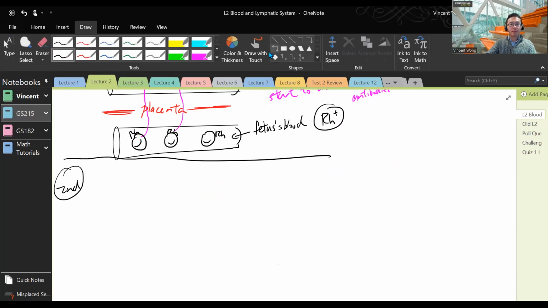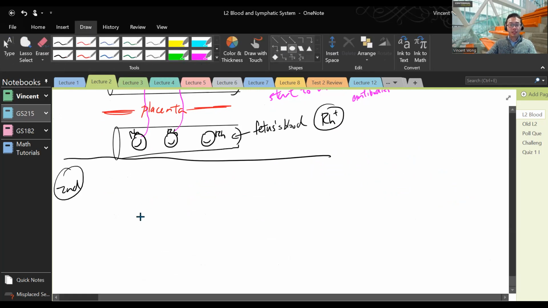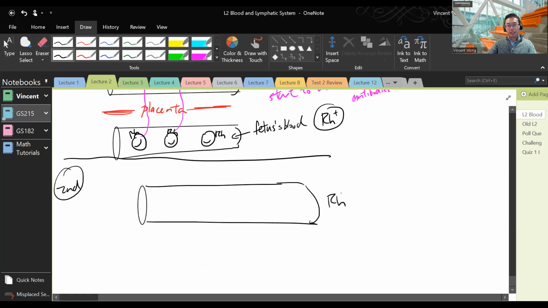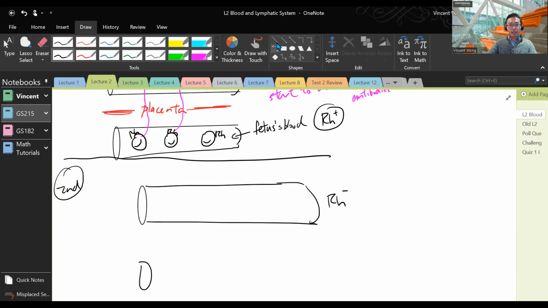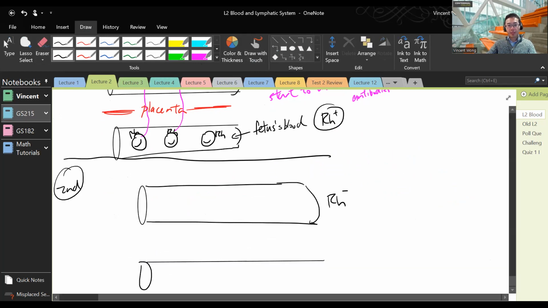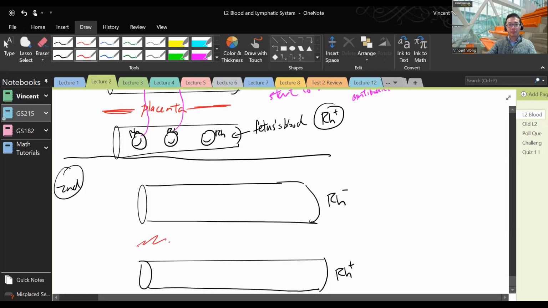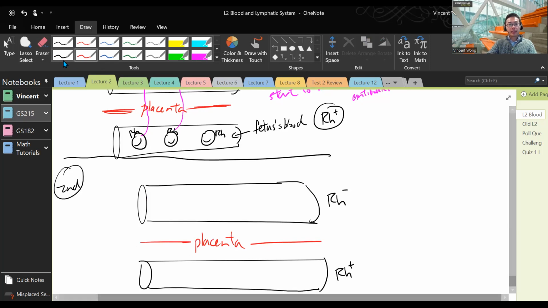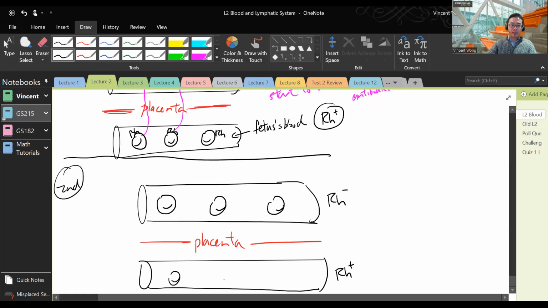We have a mother with Rh negative blood. Same mother, same father, assuming, and that's going to result in another baby who is also going to be Rh positive. And now we're going to have a brand new placenta, then the mother's blood, then the baby's blood.